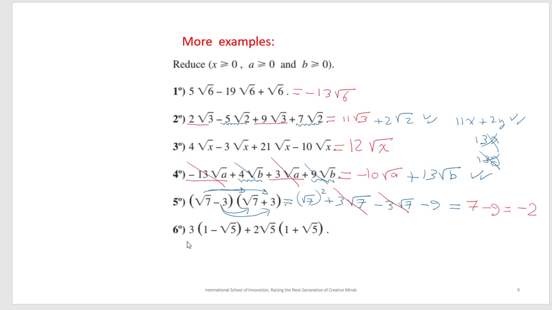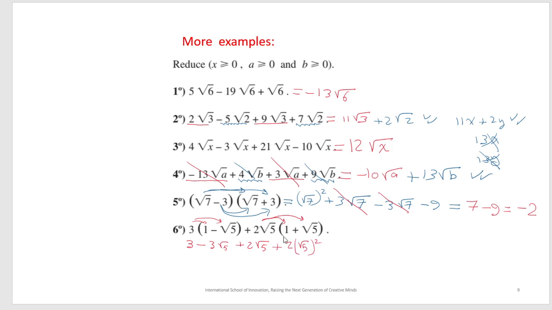So 3 times 1, 3. 3 times minus radical 5, minus 3 radical 5. Right. Let's see what's going on here. Plus 2 radical 5 times 1, so I write plus 2 radical 5. Plus 2 radical 5 times radical 5, so it is plus 2 radical 5 squared.